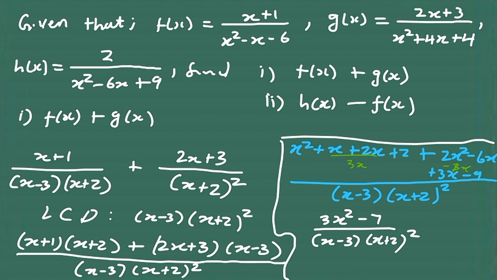So we can say that therefore f of x plus g of x is equal to 3x squared minus 7 all divided by x minus 3 times x plus 2 all squared. Okay, now let's take the next one, h of x minus f of x.